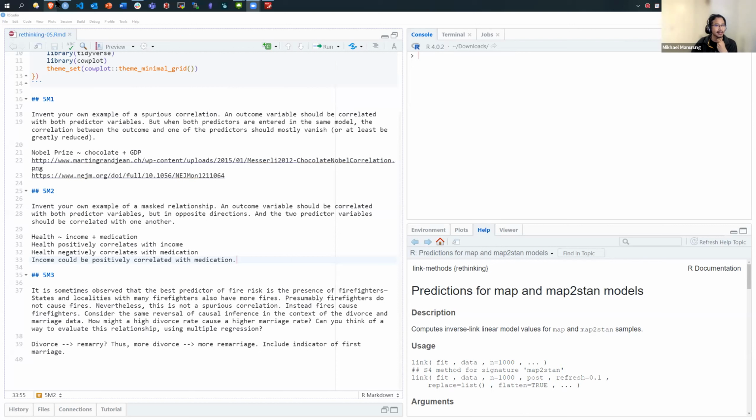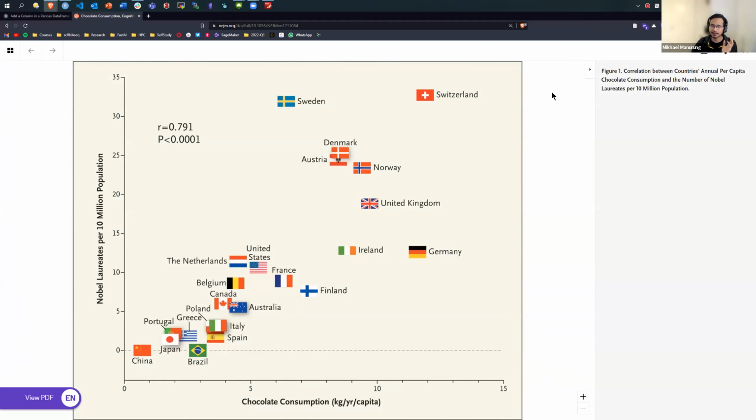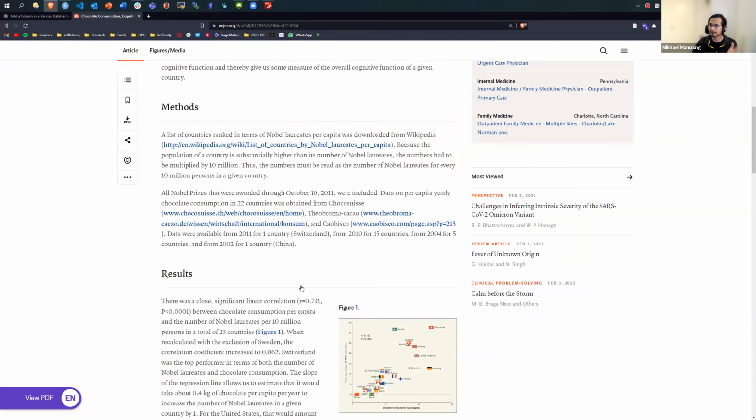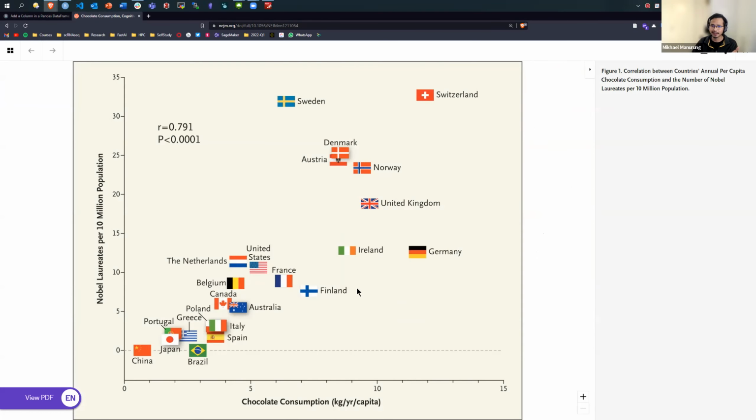I thought it was just something that appeared in a news or blog post, but somehow it actually got into the New England Journal of Medicine. It's written in a very serious way, as if there is a real correlation between chocolate consumption and the number of Nobel Prize winners per country.